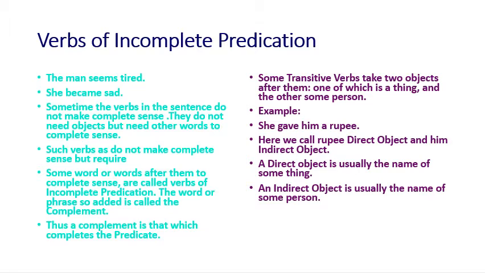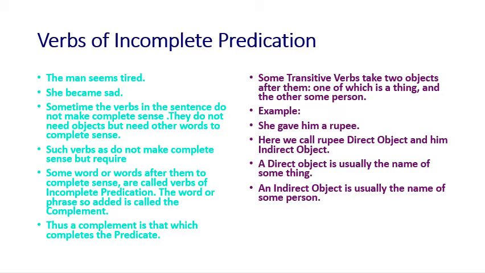Such verbs as do not make complete sense but require some word or words after them to complete sense are called verbs of incomplete predication. The word or phrase so added is called the complement. Thus, a complement is that which completes the predicate.